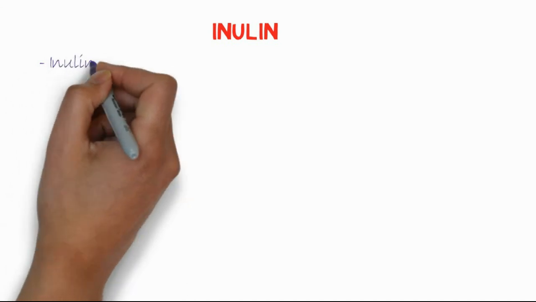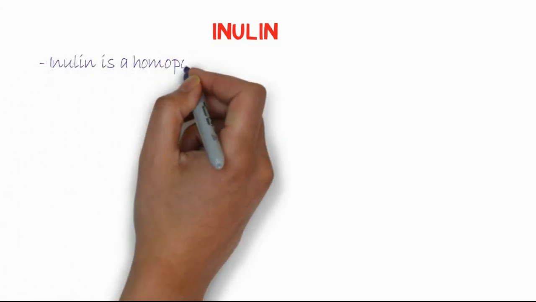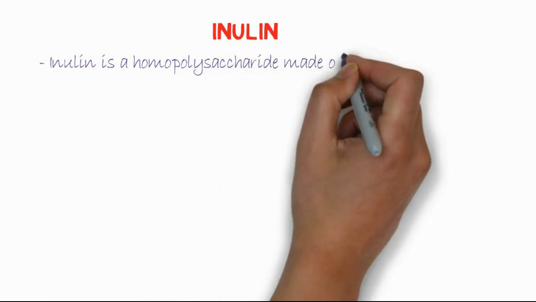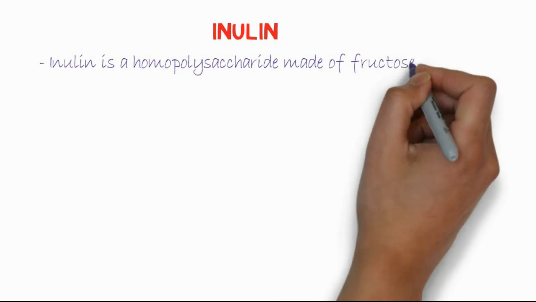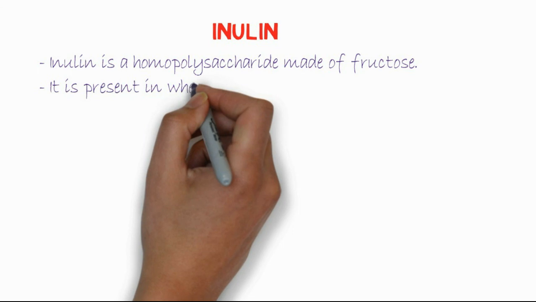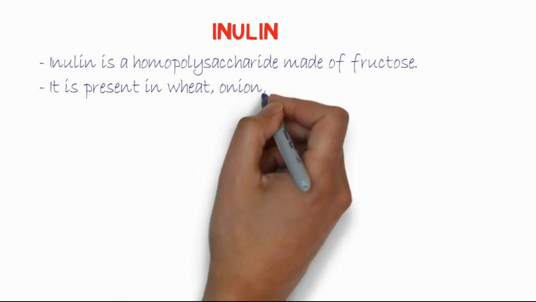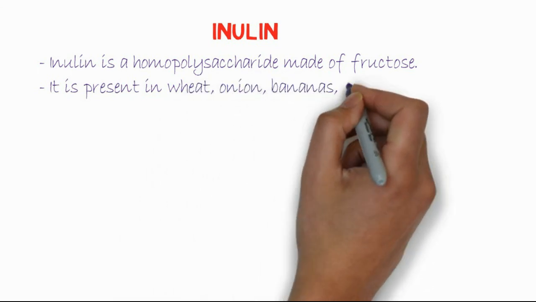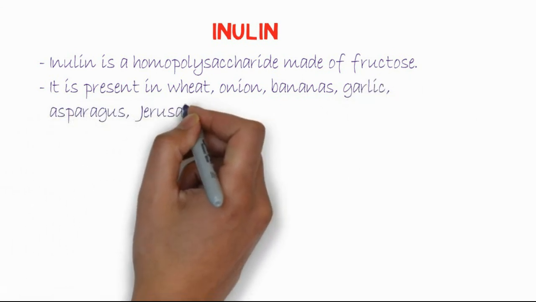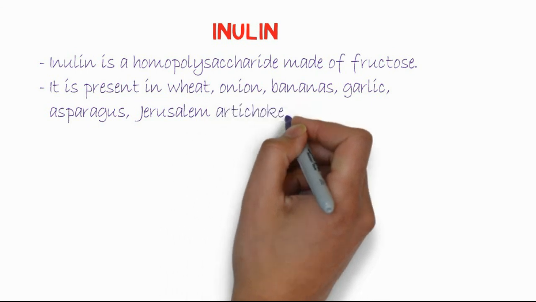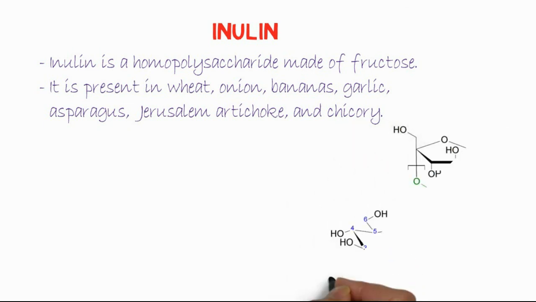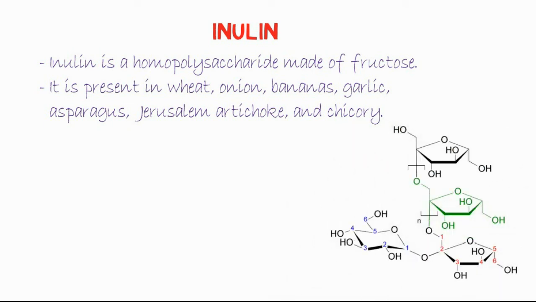The next example of polysaccharide is inulin. Inulin is a homopolymer, so we call it a homopolysaccharide. It is made of fructose units. It is present in wheat, onion, bananas, garlic, asparagus, Jerusalem artichoke, and chicory. Chicory is a very nice source.